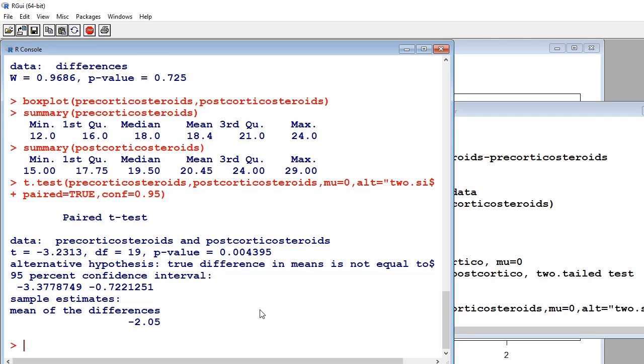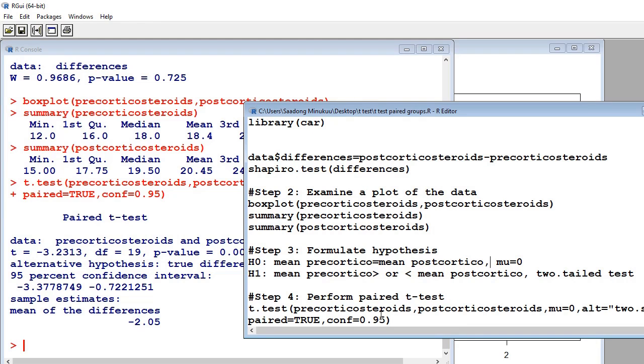Now the alternative hypothesis is that the mean BMI of the group that does not take corticosteroids is lower than that of the group that takes them, or if not lower, then maybe higher.